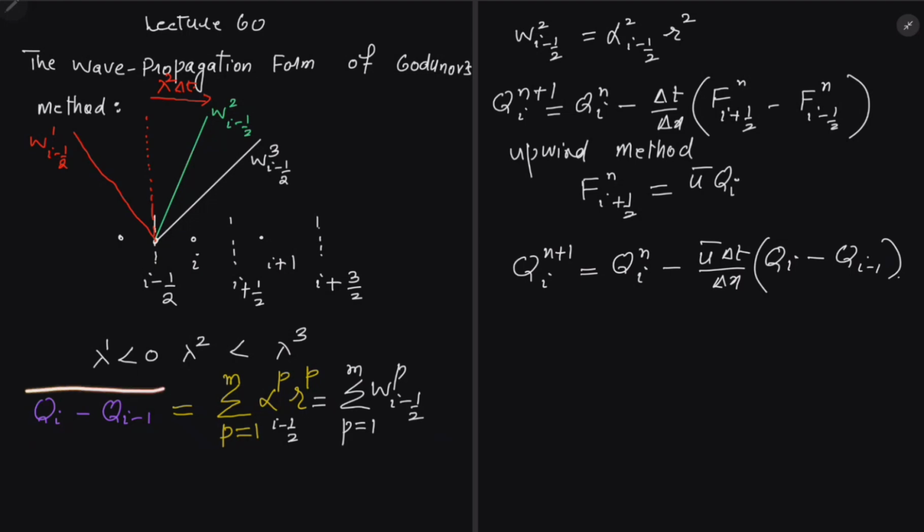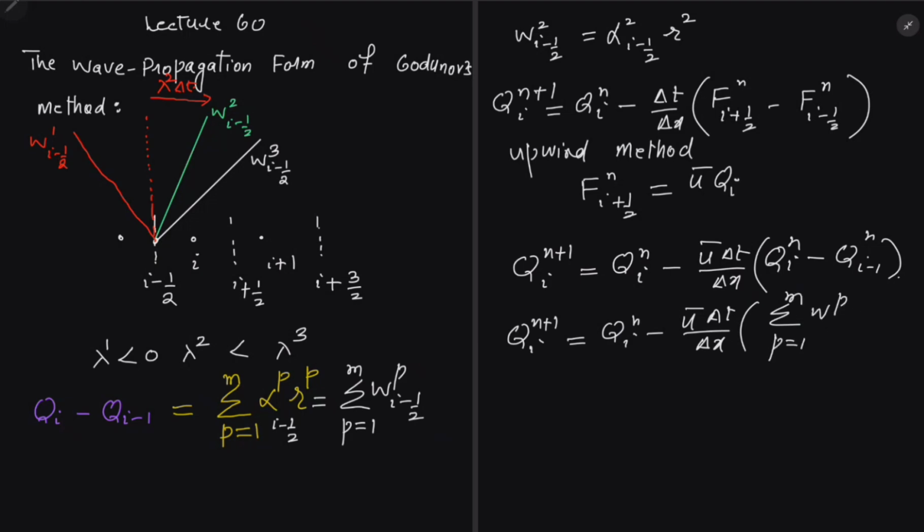So you can see this is the difference, and here we also have a difference. So we put the value of Qi minus Qi minus 1 in the numerical method. Then we get Qn plus 1 I equal to Qni minus u bar delta t by delta x, and it should be Qni. And we call this the sum over p from 1 to m of Wp, maybe for only wave 2.